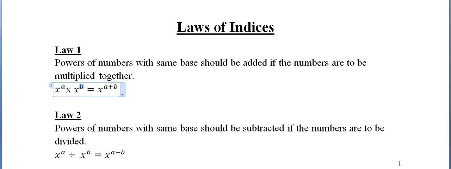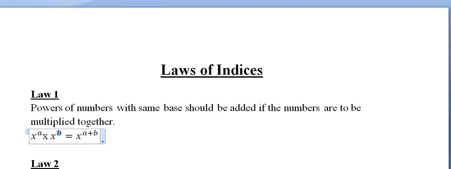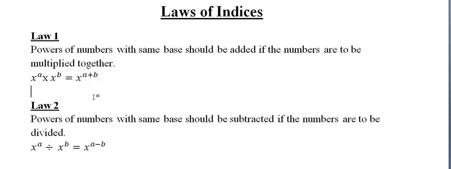Let me zoom in so that you can see properly. Now see this, these two base numbers are the same but the powers are different. So when the base numbers are the same and are to be multiplied with each other, but with different powers, then these powers are to be added together. Very simple, and the base number will remain as it is.